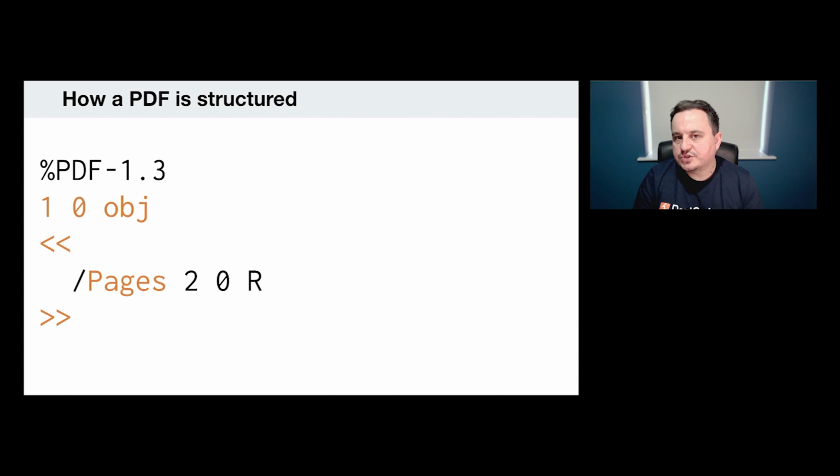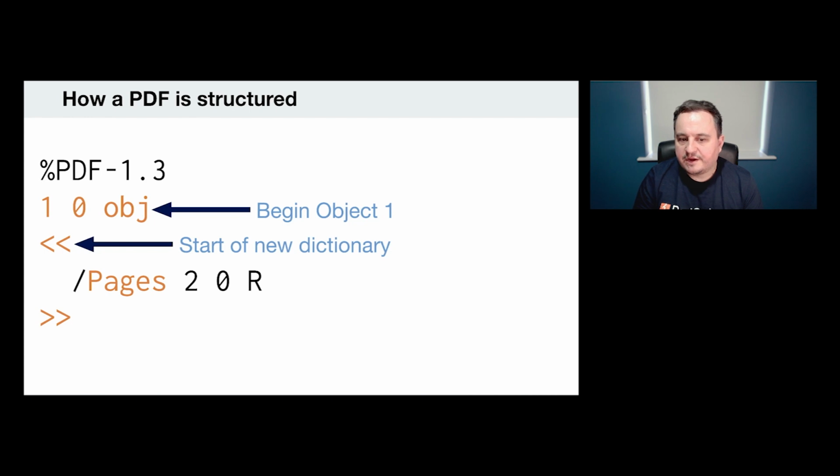So this is what an object looks like, very simplified, in a PDF document. This is the first object indicated by number 1, and the revision is 0, and the OBJ is the start object marker. Then we have the start of a new dictionary, and we have a dictionary key here, in this case Pages.